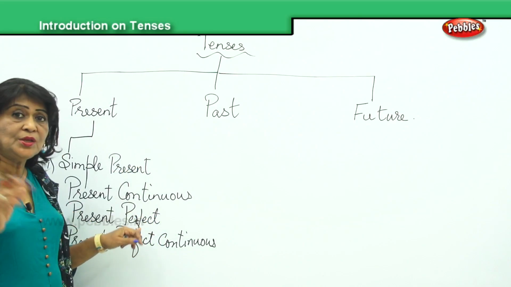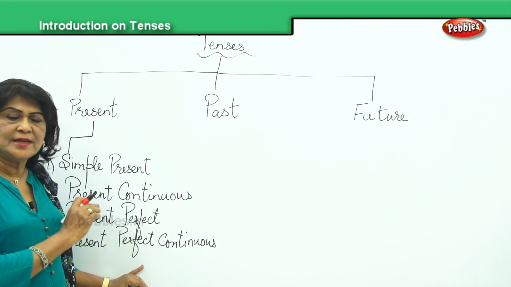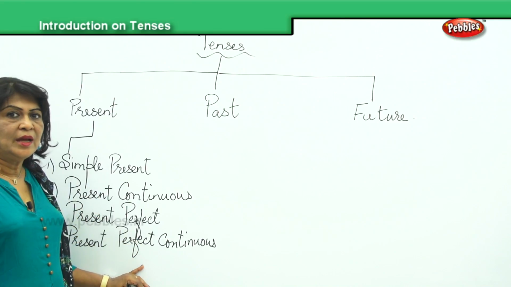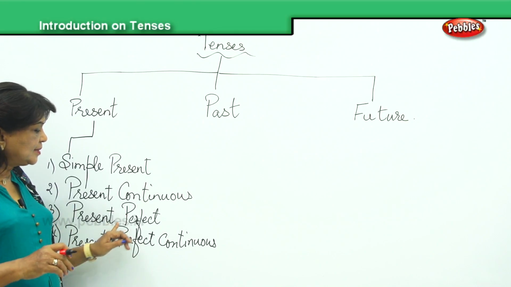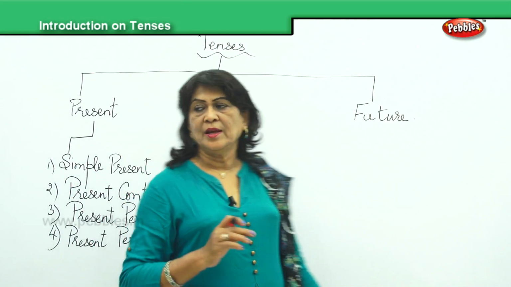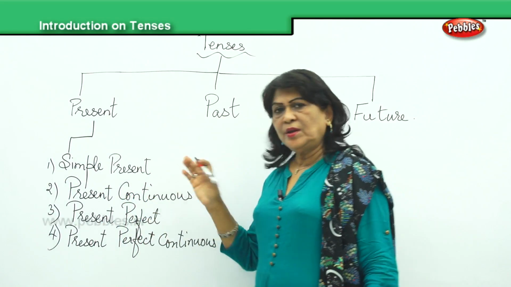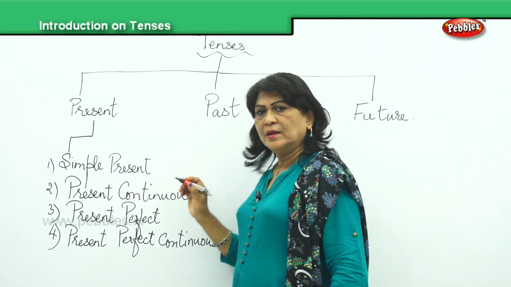I am going to give you the uses of each of these tenses, that is the basic and very important ones. I will be giving you the uses. Present perfect. Now, I think it will be easier if I give you some examples and I can clean it out.